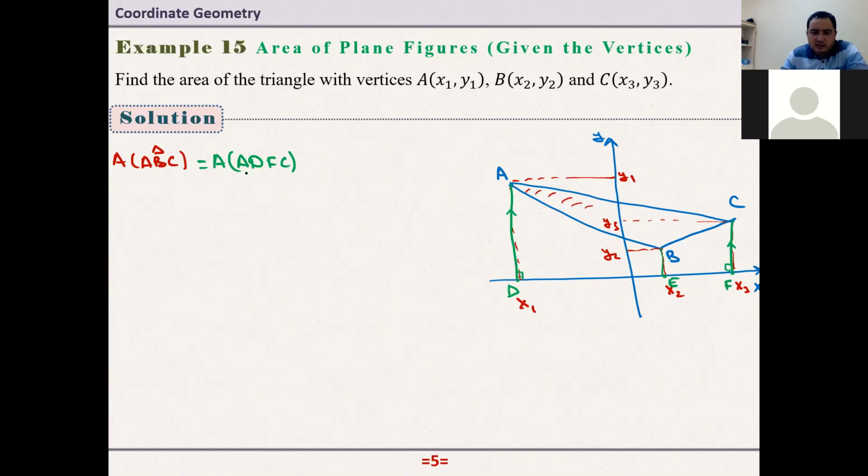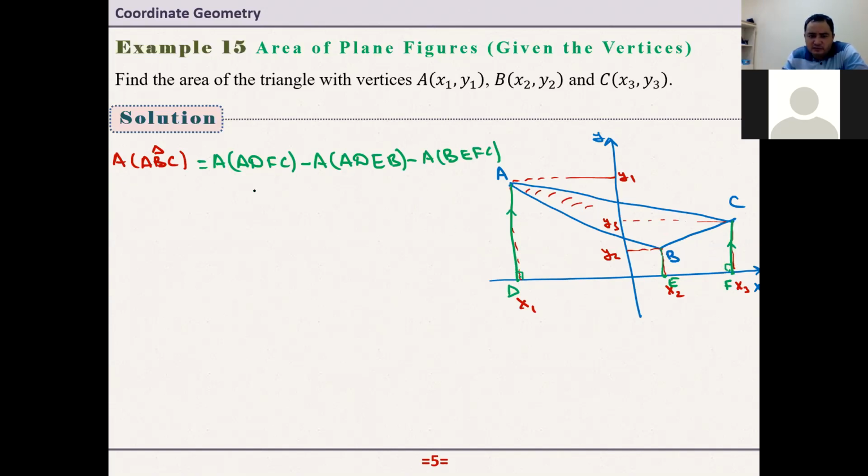So I'm just going to write: area of trapezium ADFC minus area of the other trapezium ADEB, minus area of BEFC, gives us the area of triangle ABC.